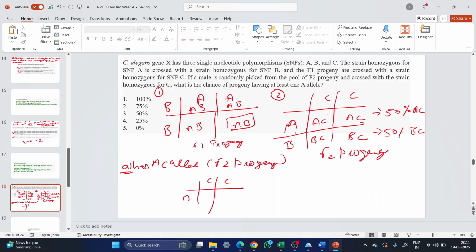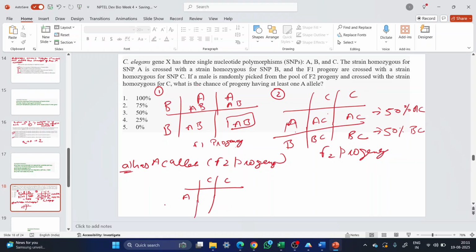So we get AC, AC, CC, CC. So from here, what is the chance of progeny having at least one A allele? How much would it be?